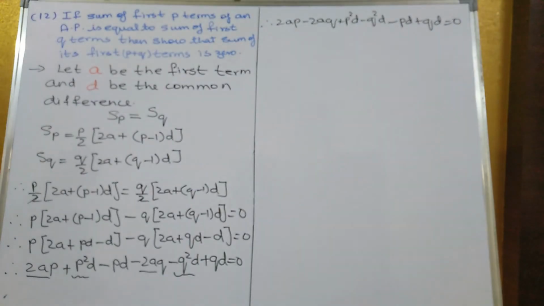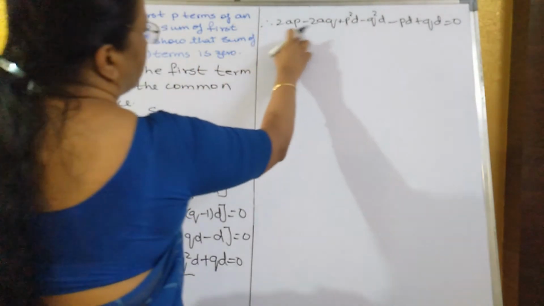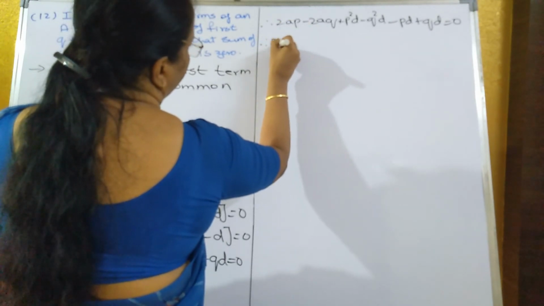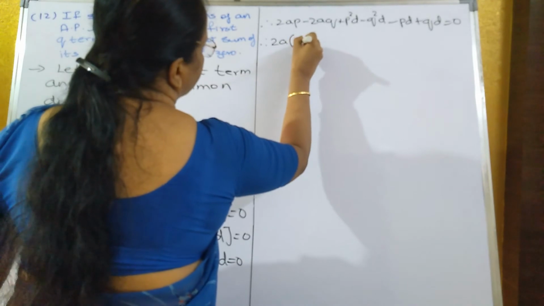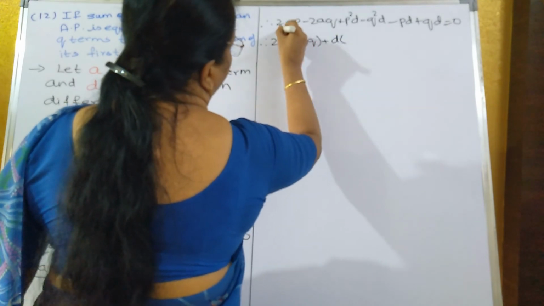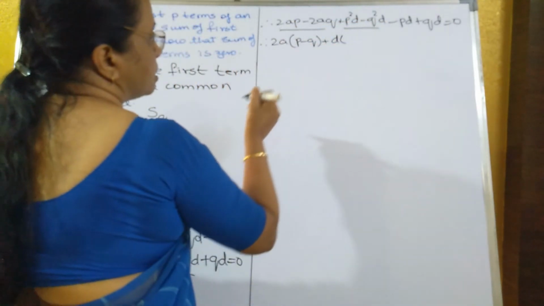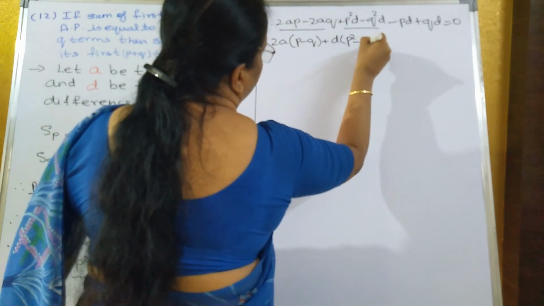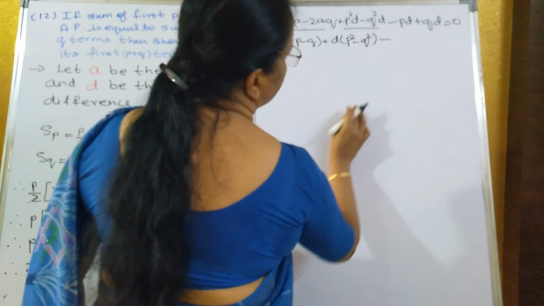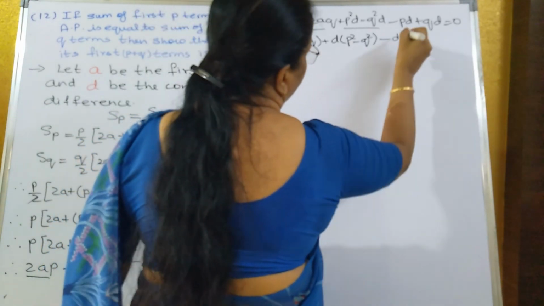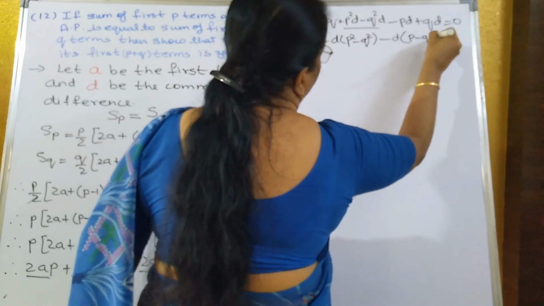Now take the common terms outside. So what is common in this? 2AP minus 2AQ, what is common? 2A is common, so take 2A outside, and what will be left inside? P minus Q. Over here D is common, so take D outside. What will be left inside? P square minus Q square, minus what is common over here? Here also D is common. Since I have taken minus outside, it will become P minus Q, equal to 0.